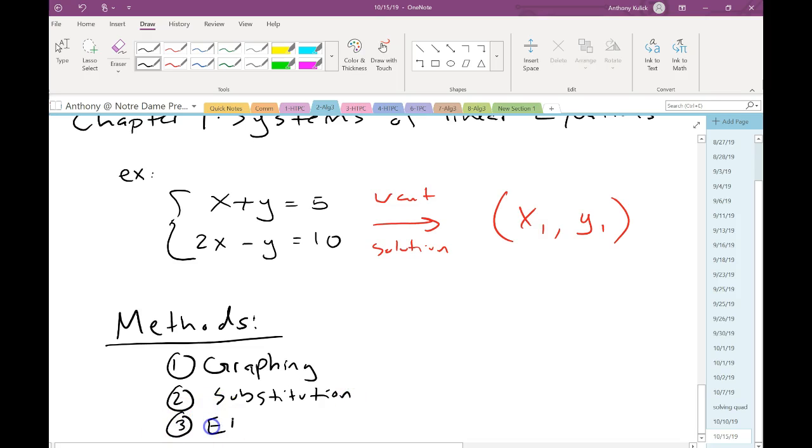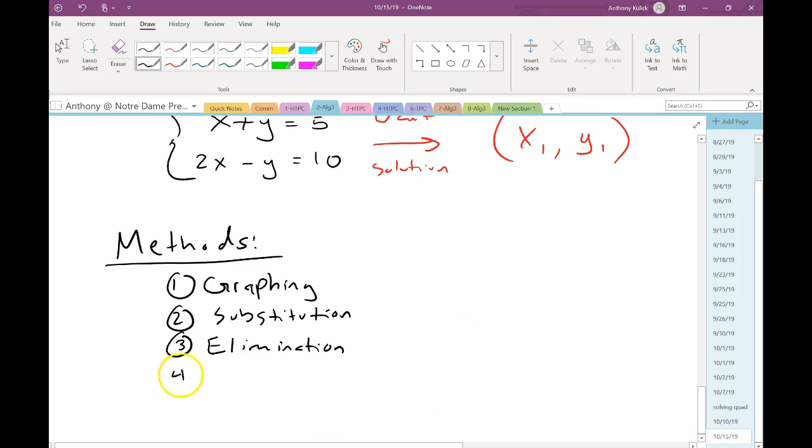We'll talk about elimination. And then we're going to talk about something called a matrix, not like the movie The Matrix, and some methods for solving systems that we can use using matrix methods.